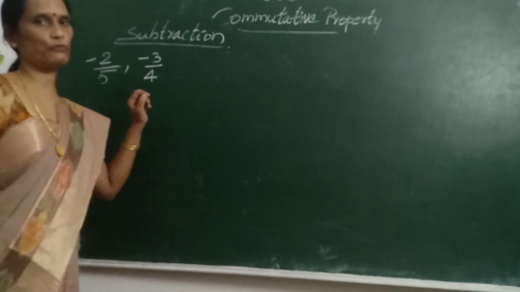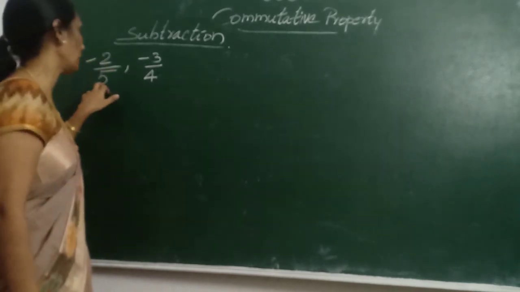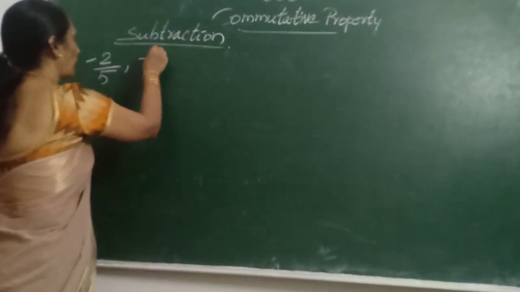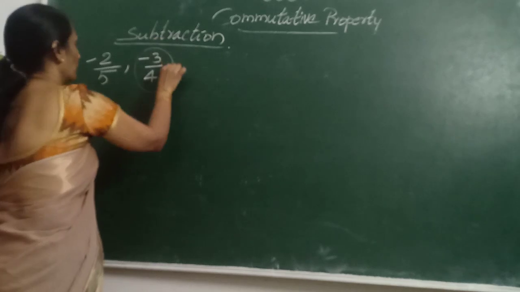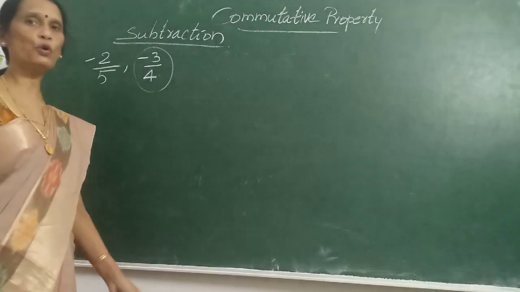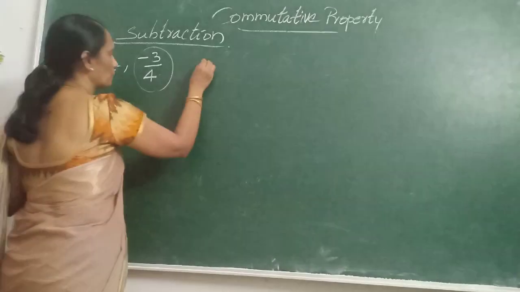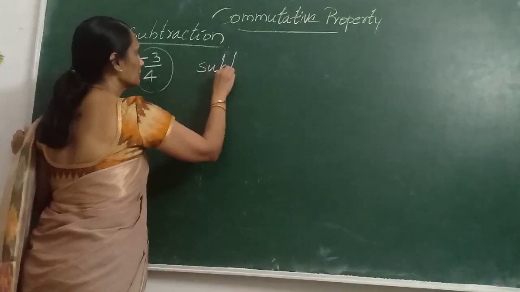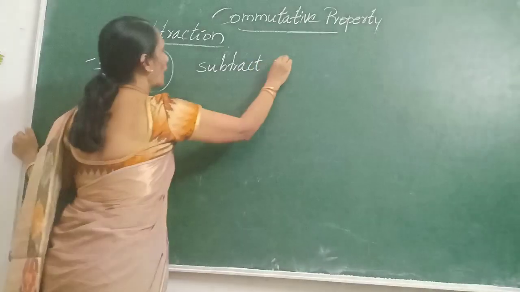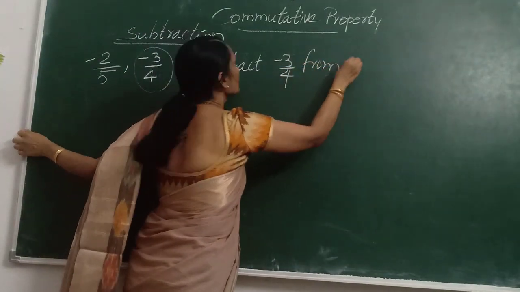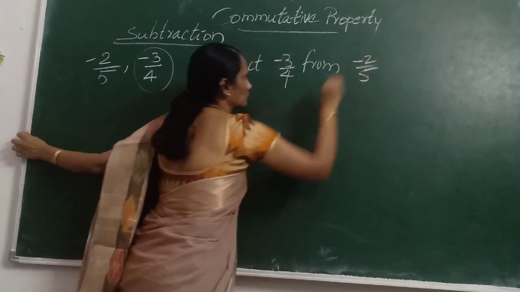Let us take the pair of numbers minus 2 by 5 and minus 3 by 4. Let us first subtract minus 3 by 4 from minus 2 by 5.